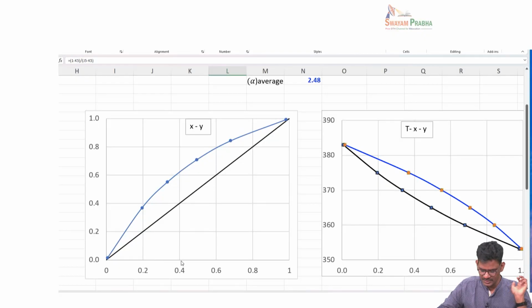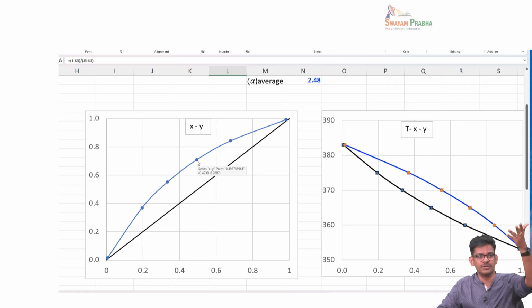So here we are plotting the relationship between component A's mole fraction in the vapor phase and in the liquid phase. If I take, for example, 0.5, it means that if I have a two-phase mixture with the liquid phase containing 0.5 mole fraction of A, in the vapor phase the mole fraction of A will not be 0.5, it will be much more than 0.5, which is actually about 0.7, right.